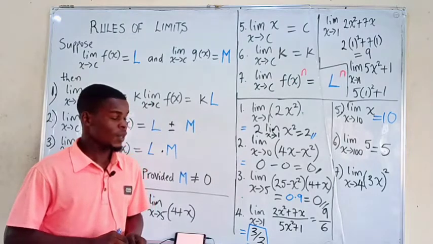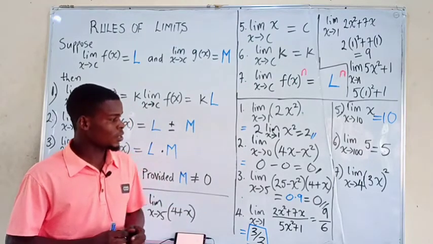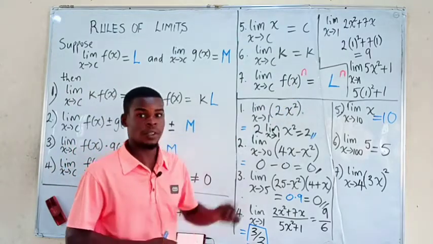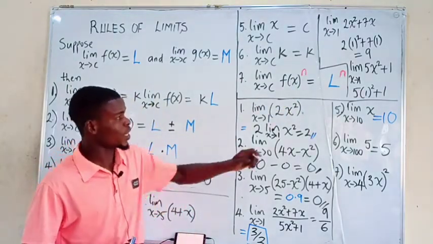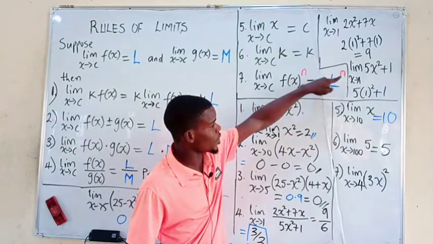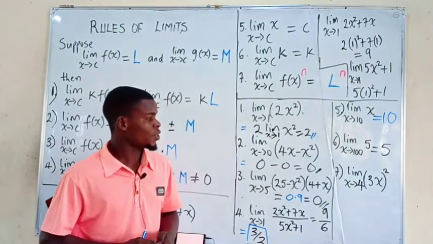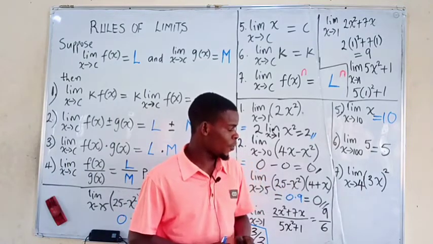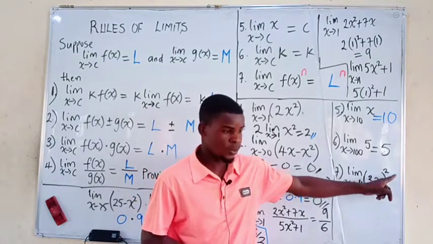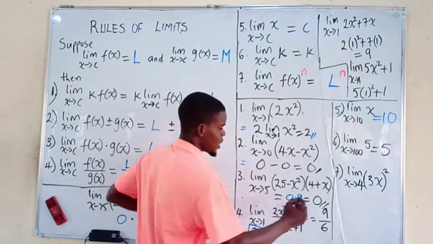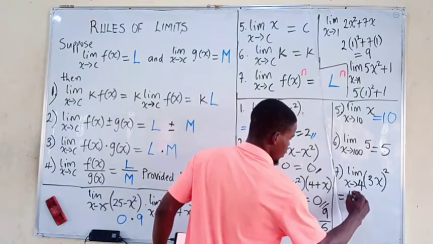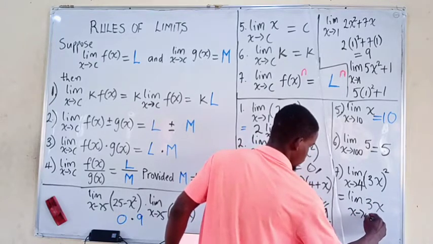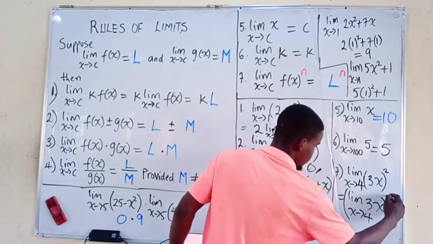All right, good. The last rule tells us that if you have a function raised to some power, the limit of that is the limit of that function, then you raise that to that power. In this case, we have the limit of 3x as x tends to 4, raised to power 2. That rule tells us this is the same as the limit of 3x as x tends to 4, all raised to power 2.